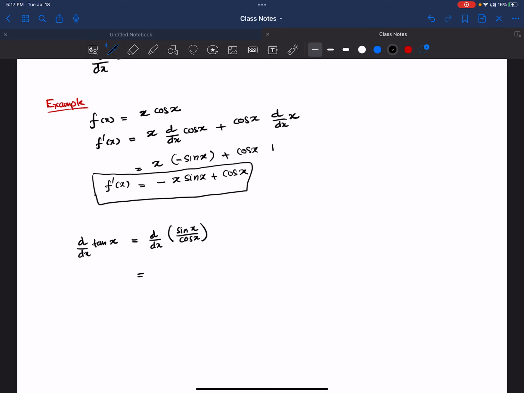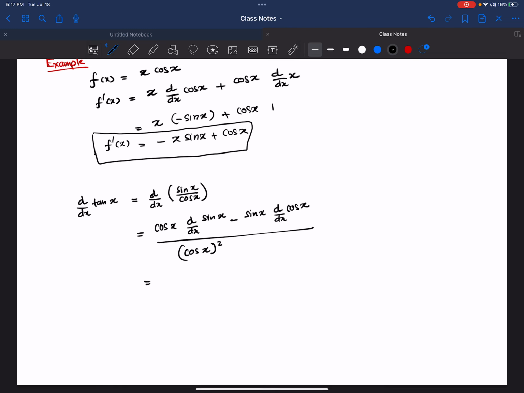If I use the quotient rule, it's the function in the denominator cosine x times d over dx the function in the numerator sine x, minus the function in the numerator sine x times the derivative of the function in the denominator, divided by cosine x squared.